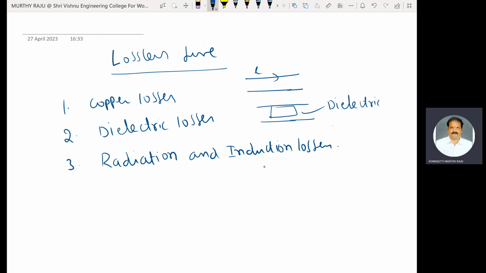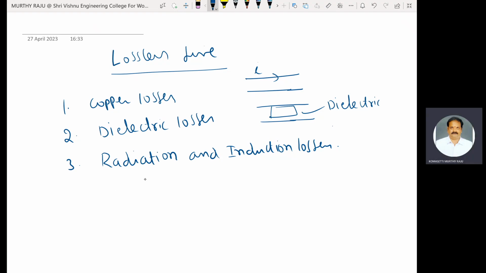That is called induction loss. Radiation losses occur because some magnetic lines of force about a conductor do not return to the conductor when this cycle alternates. They do not terminate.